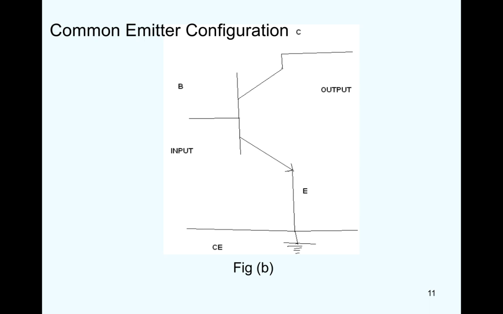This is the common emitter configuration. We are connecting the emitter to ground, giving the input between base and emitter, and taking the output at collector and emitter. So here the emitter is common for both input and output.